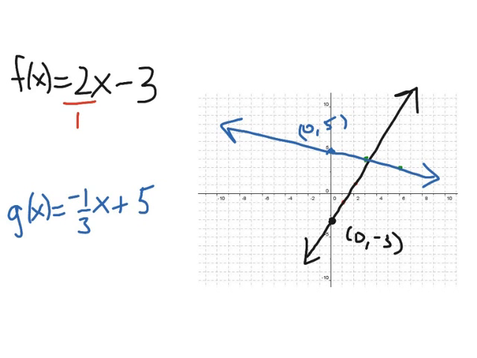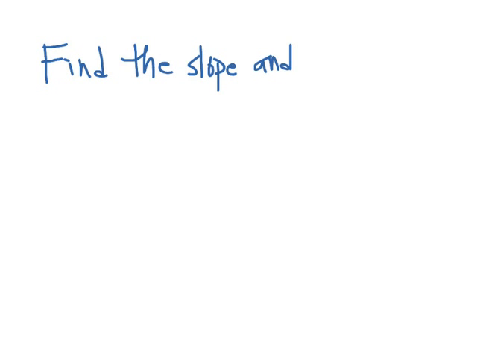Okay, so in your homework, you're going to have some questions where you graph like that. You're going to have some other type of questions. You might have a question like this. Find the slope and y-intercept.